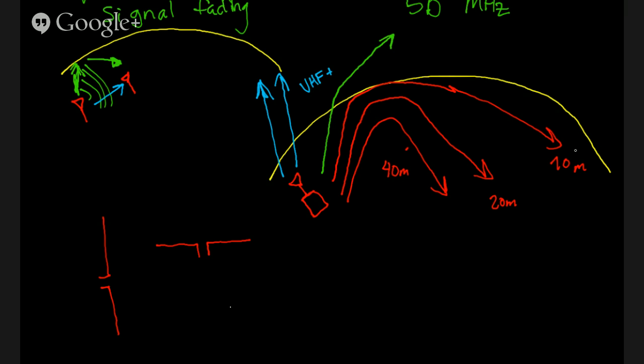Broadcast FM stations are circularly polarized. That way, your car antenna is generally vertical, but at home you might use a horizontal dipole, and it'll receive FM broadcast stations just as well.